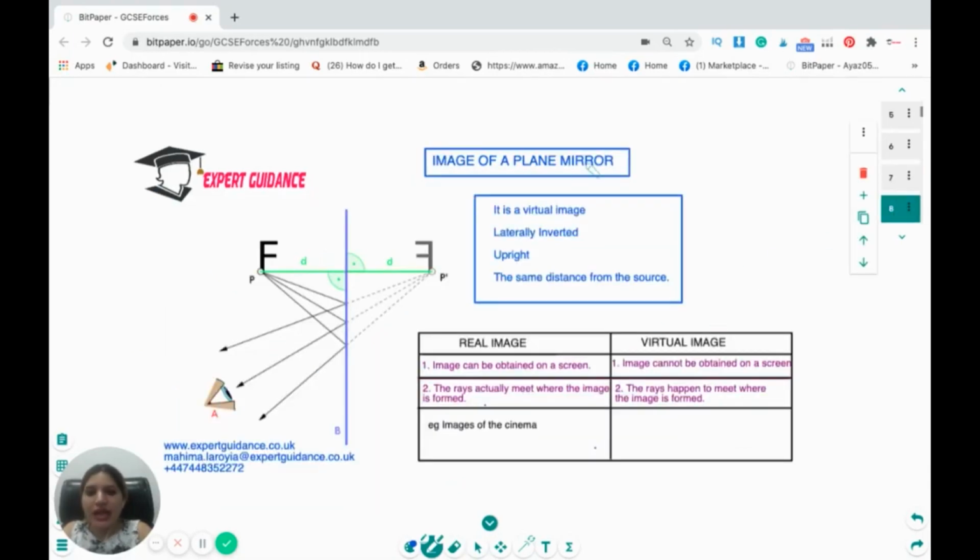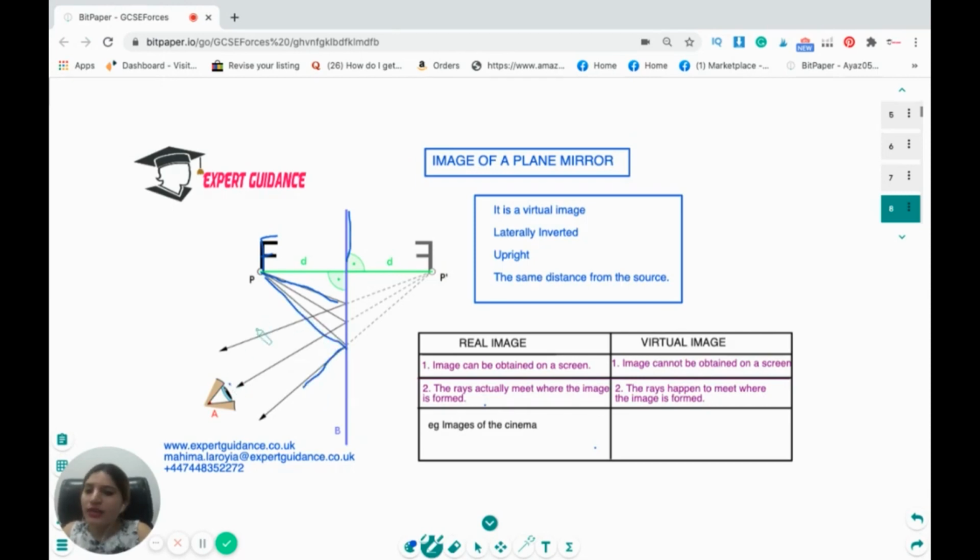Now you should also know how to make the image in a plane mirror. So this is a plane mirror, and let's say this F is an object which is at a distance D. Now what will happen is the light will come from F and then it will be reflected. So at the various places, the light will be reflected and reach your eye.